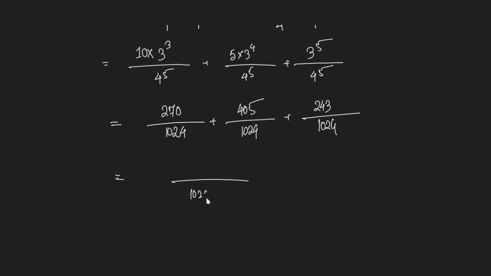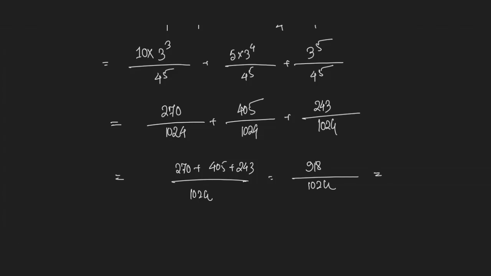We can take 1024 common. So 270 plus 405 plus 243 is equal to 918, divided by 1024.